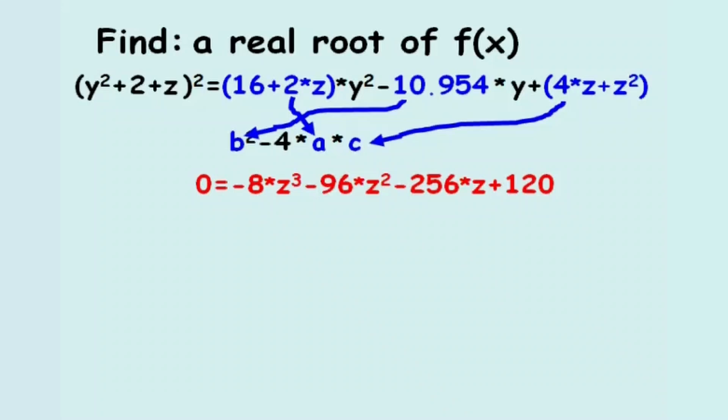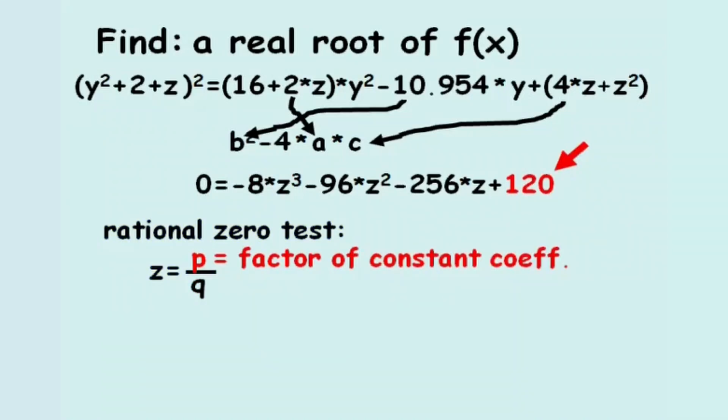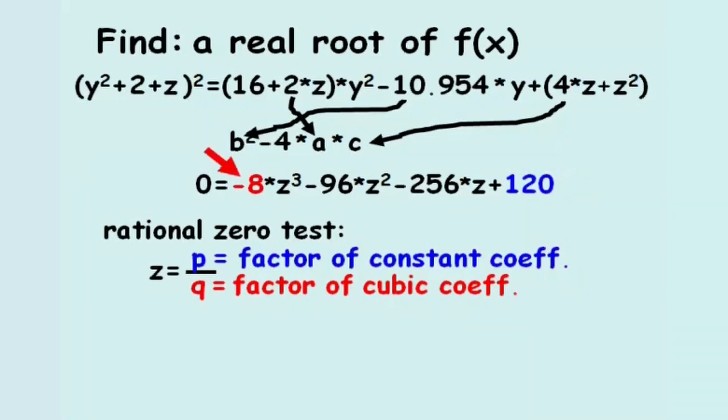To do so, we'll employ the rational zero test, where the root z may be equal to the quotient of p over q, where p is a factor of the constant coefficient, and q is a factor of the coefficient of the leading term, which in this case is the cubic term.